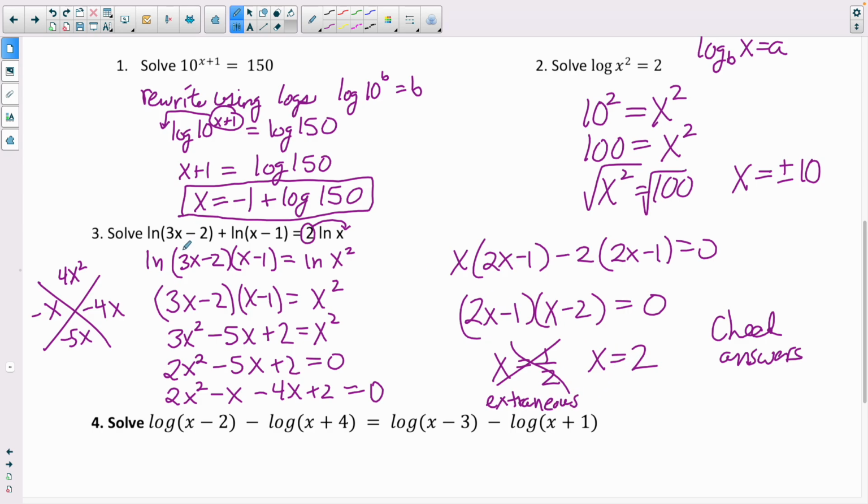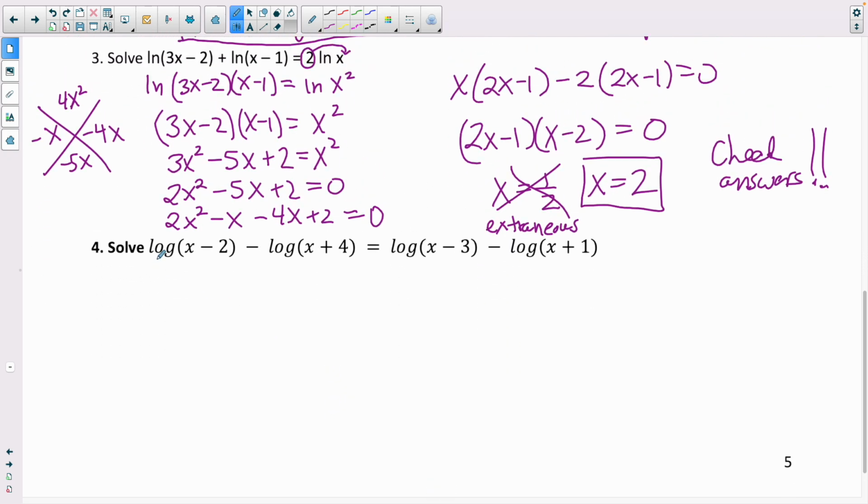If I plug in a 2, I'm going to get natural log of 4 plus the natural log of... right, 6 minus 2 is 4. I'm sorry, I'm going to get the natural log of 1 here. 2 minus 1 is 1. And over here, I'm going to have 2 natural log of 2, which is the natural log of 4. And so 2 is my only solution here. So it's really important that you check your answers for extraneous solutions.